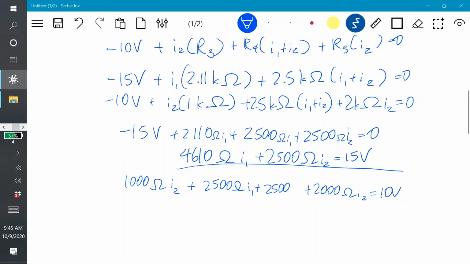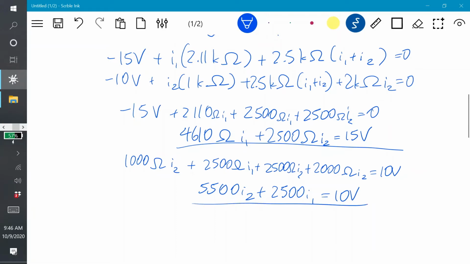Oh, I missed the ohms here. Oh, no, hold on, that's I2. So the sum of those is 1000 plus 2500 plus 2000, which equals 5500 I2 plus 2500 I1 equals 10 volts.